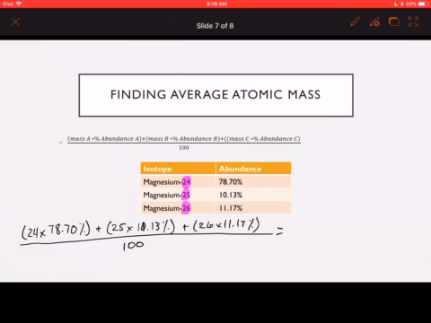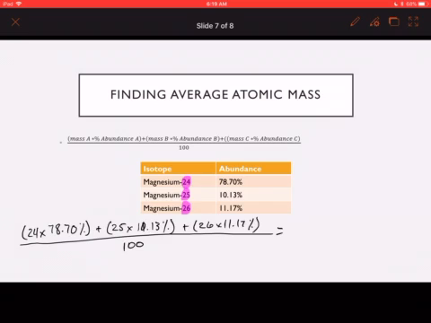So we're doing 24 times 78.7 plus 25 times 10.13 plus 26 times 11.17. Now I'm going to divide by 100.